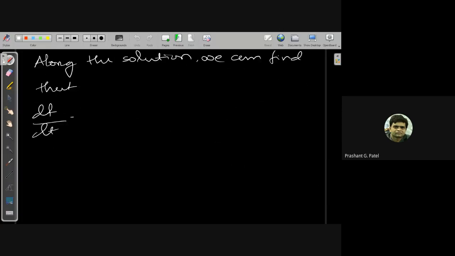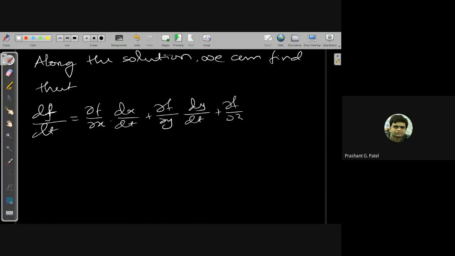So df by dt will be del f by del x into dx by dt plus del f by del y into dy by dt plus del f by del z into dz by dt plus del f by del p into dp by dt plus del f by del q into dq by dt. So this f is a function of all these variables.